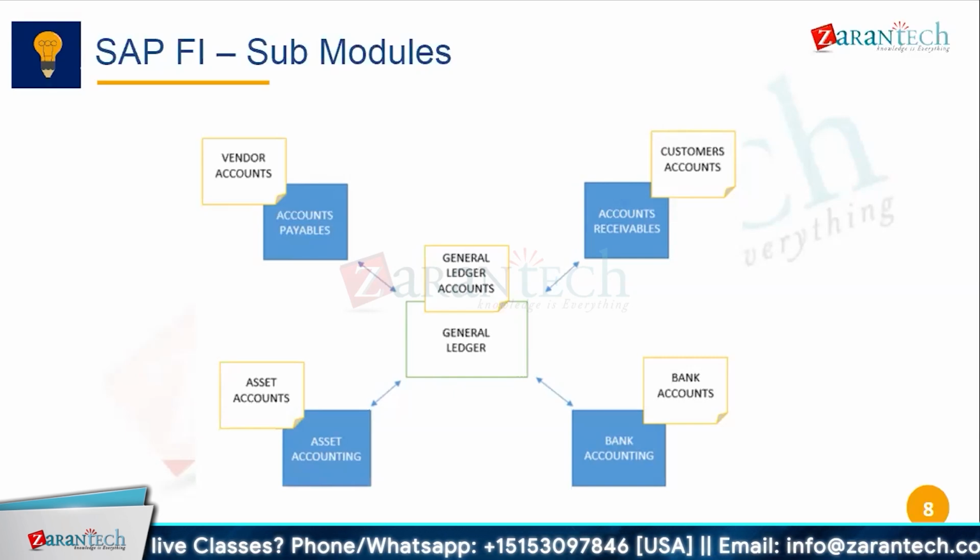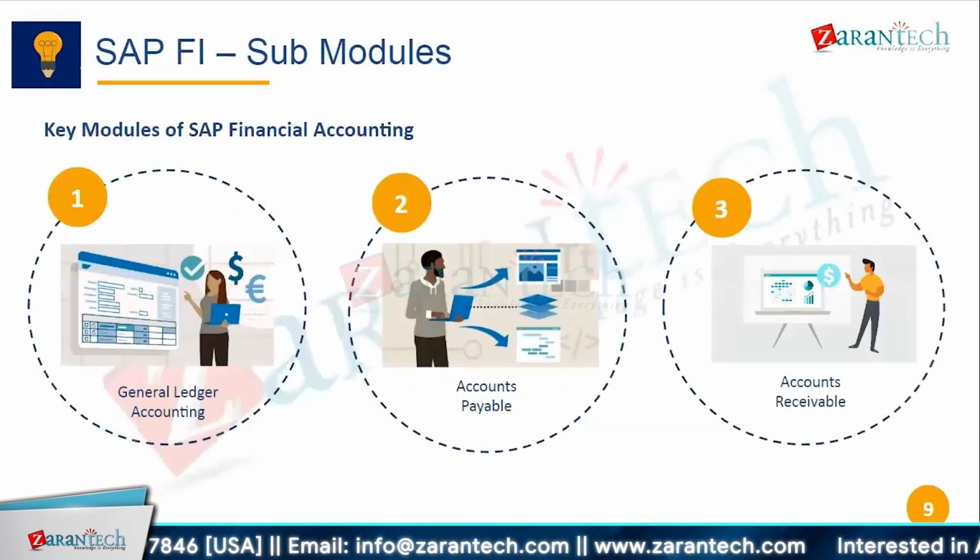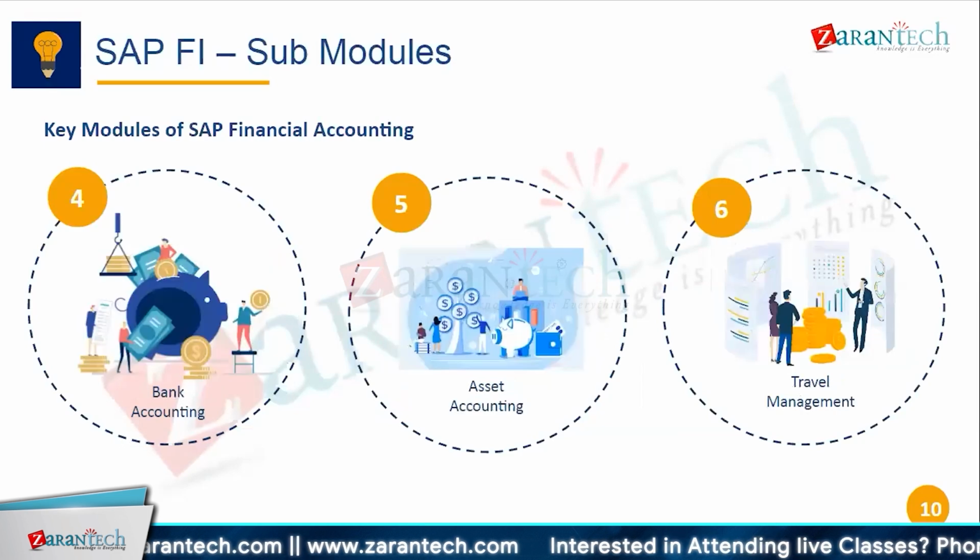There are, by the way, other sub-modules which we are not covering in the course, like travel management for one, real estate management another. So the key modules of SAP's financial accounting would be the general ledger, accounts payable, accounts receivable, bank accounting, asset accounting, and travel management.